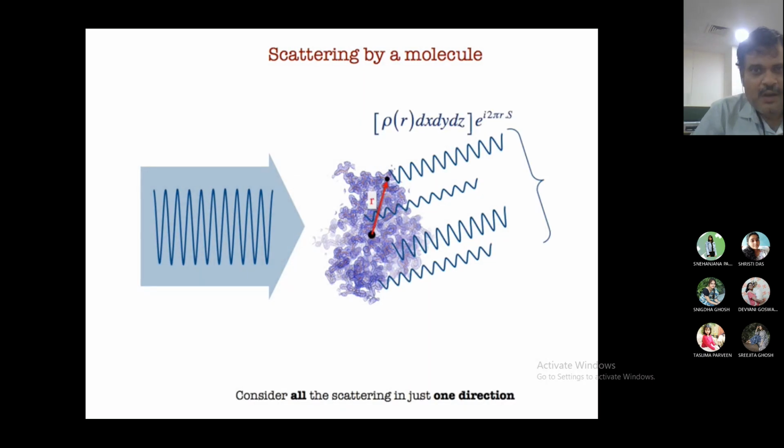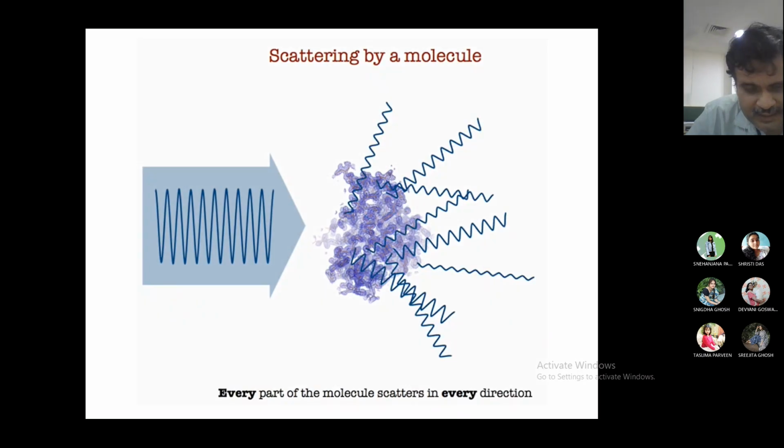So what technique was thought of? It is correct that all atoms and molecules present in the protein lattice are scattering in all directions, but we can think of summing up all the rays that are getting scattered in a particular direction.